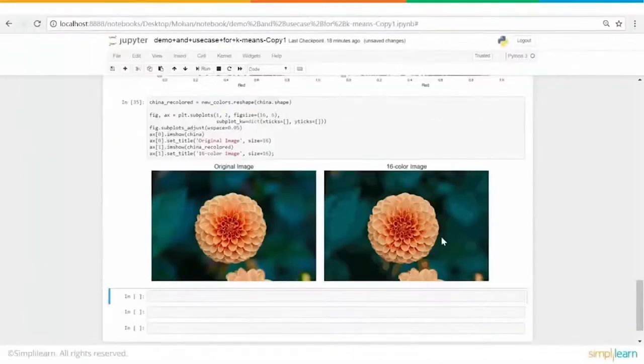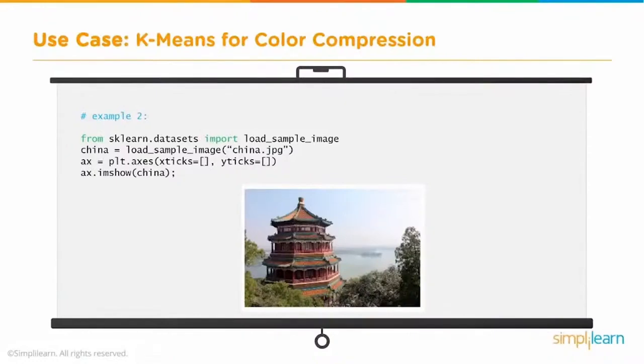Now let's take one more example with a different image. In the second example, we will take an image of the Summer Palace in China, and we repeat the same process. This is a high definition color image with millions of colors, and also 3-dimensional. We will reduce that to 16 colors using k-means clustering.